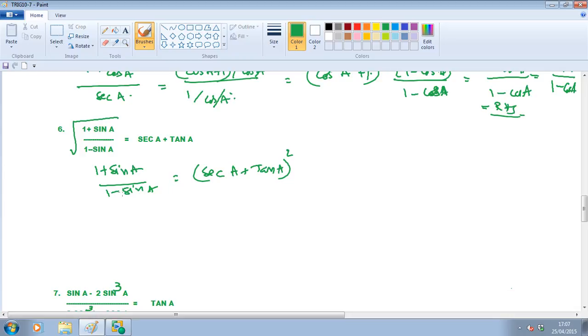So in all such cases, with 1 minus sin A, you multiply and divide by 1 plus sin A, so the denominator will go.